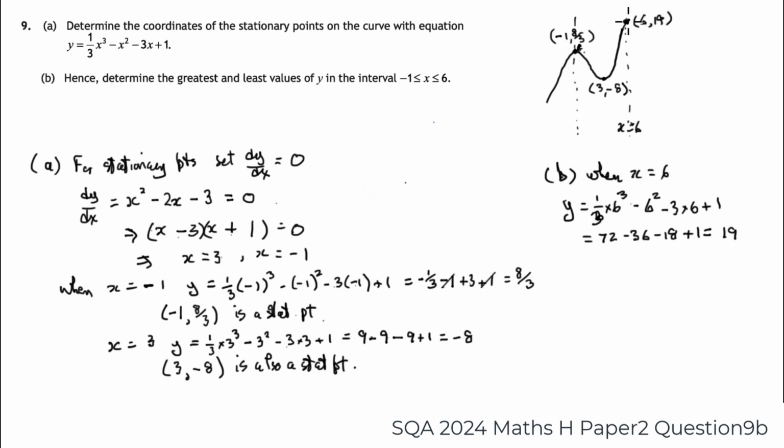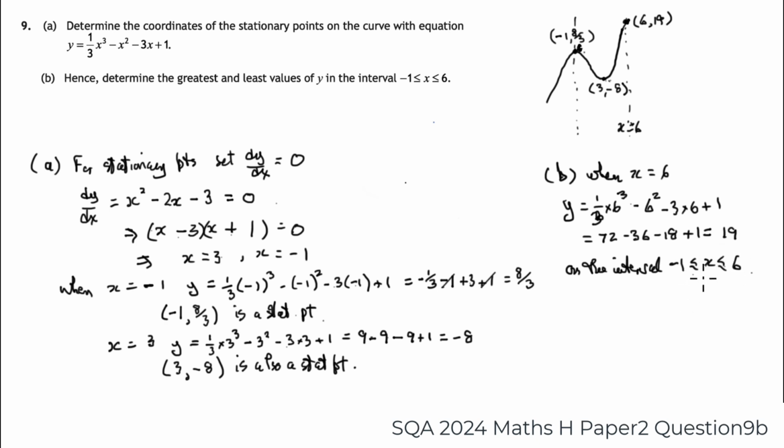So we do have a maximum that's greater than the 8/3, but the minimum value would be negative 8. It's appearing at this minimum stationary point. So we'll state this, that the minimum on the interval, negative 1 less than or equal to x less than or equal to 6.